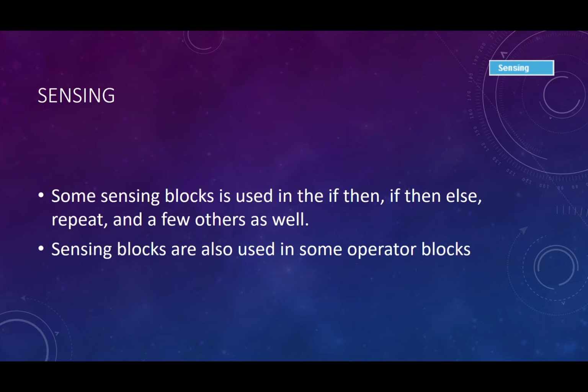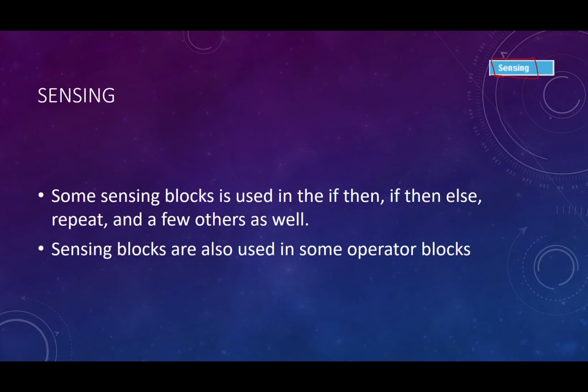Sensing. This may be a little confusing because you may be thinking, how does a program sense things? Well, what you do using blocks underneath the sensing category would be, if this happens, then do this.